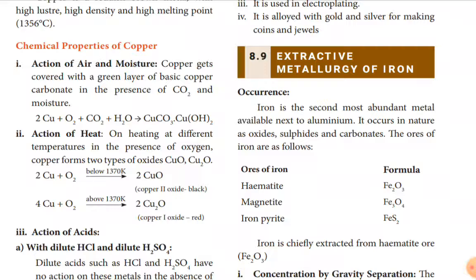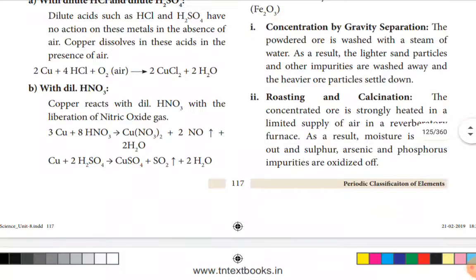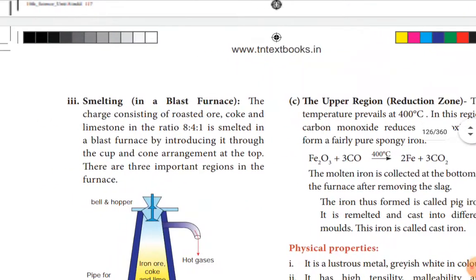Out of these three, hematite, the oxide ore Fe2O3, is the chief ore of iron. And here also there are a few steps to extract iron from its chief ore.